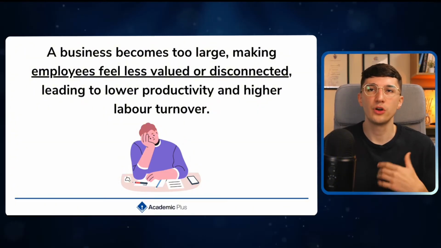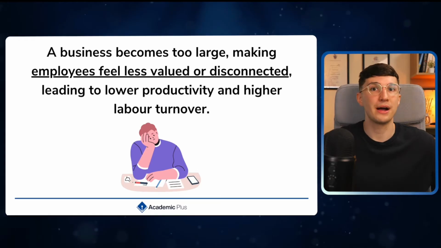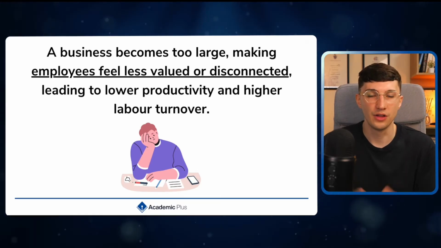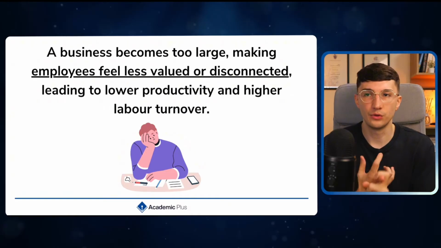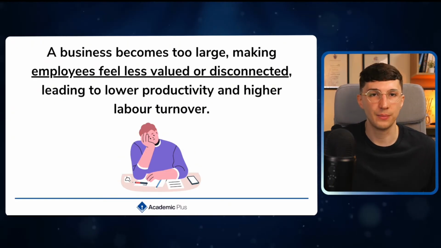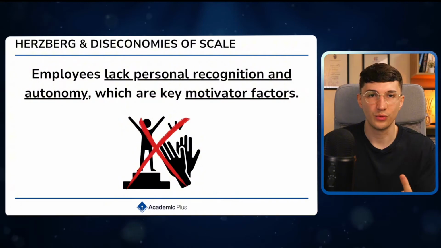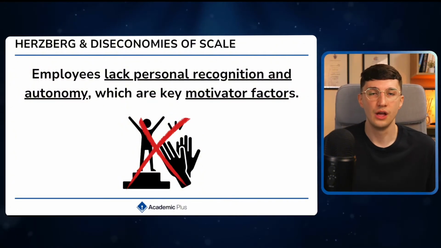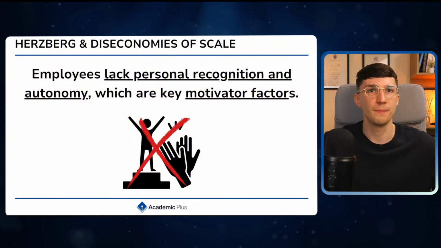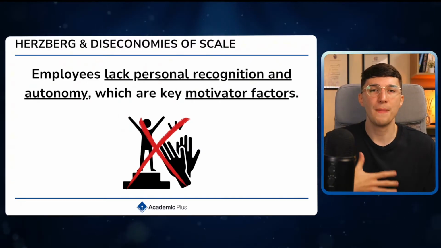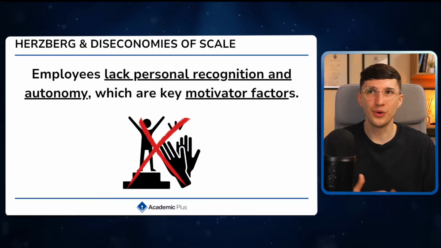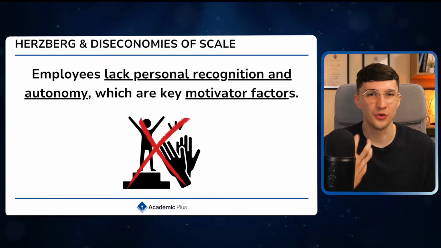Now, if that's the case, my security and my safety needs from Maslow's hierarchy may not be met. I may not have that level of recognition. So what you'll find is lower levels of productivity, higher levels of labour turnover. Just relating this back once again to those theories of motivation. If I feel like I'm a small part in a massive organisation, I may not feel that I have the recognition. I may not feel that I have autonomy. We may go into more of a role culture where it's really bureaucratic.